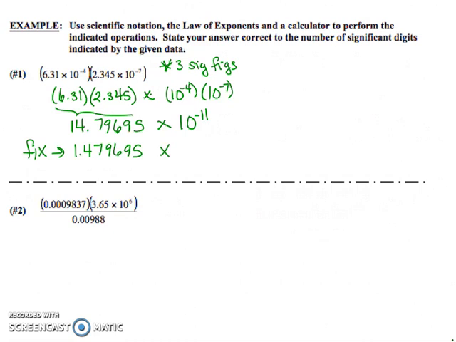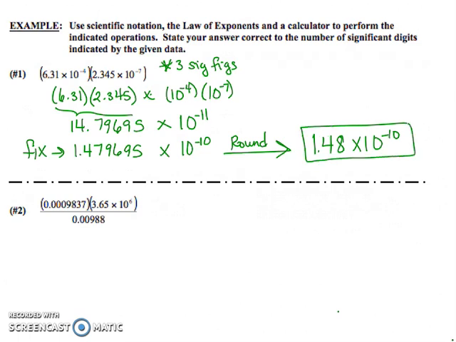And small numbers, the decimal point gets moved to the right. Well, to fix it, I move my decimal point 1 place to the left, which means that this is going to become a negative 10. Last thing here, I can only have 3 significant figures, so I'm going to round my answer so that it's correct, and it's going to be 1.48 times 10 to the negative 10th.